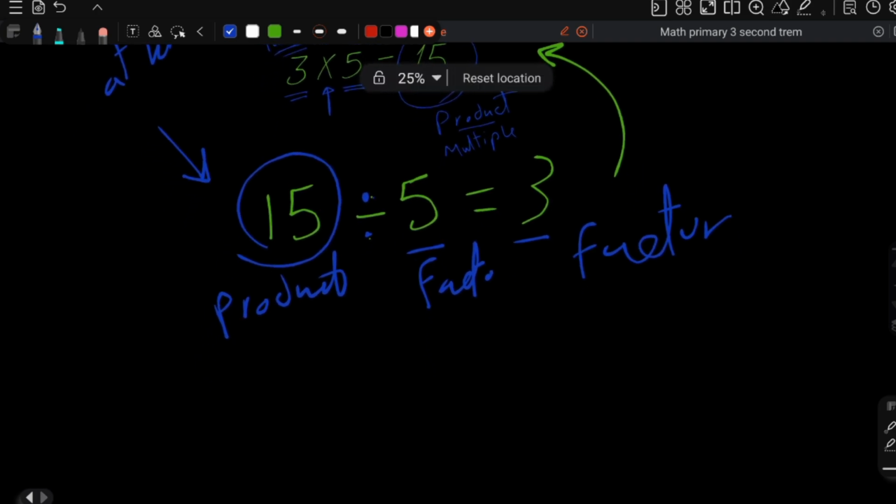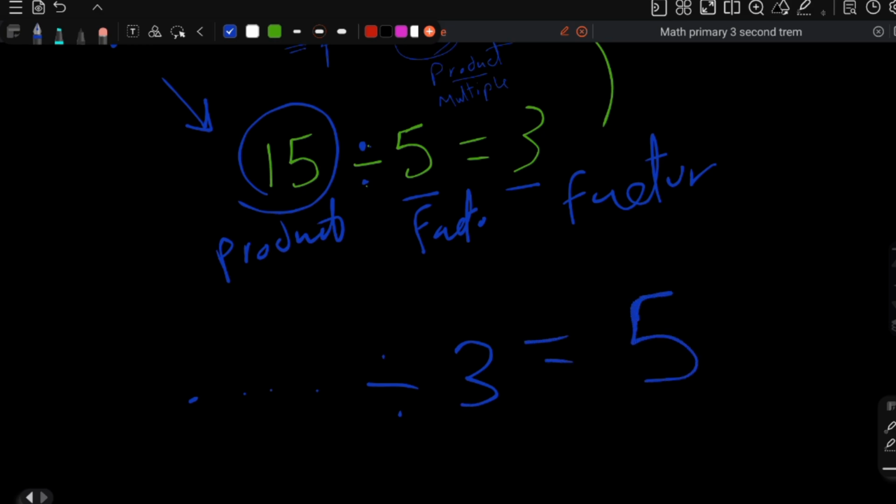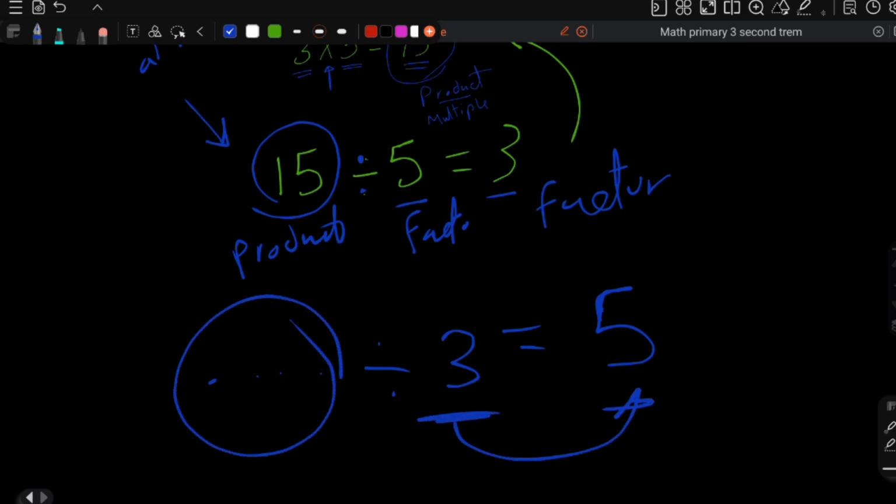Yes, perfect. So if I told you that missing divided by 3 equals 5, I just ask you 3 times 5 equals what? Yes, you understand?